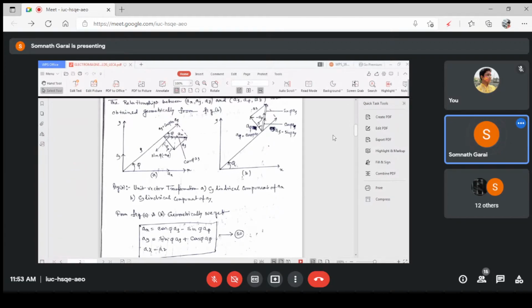This is already familiar, it is in class 12 vector components, right?